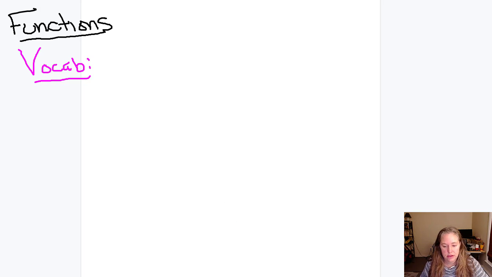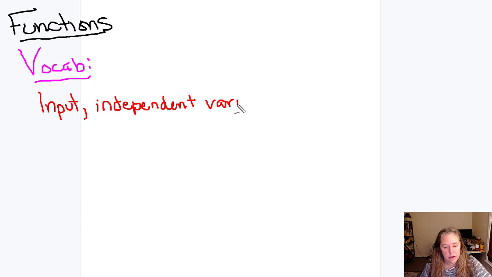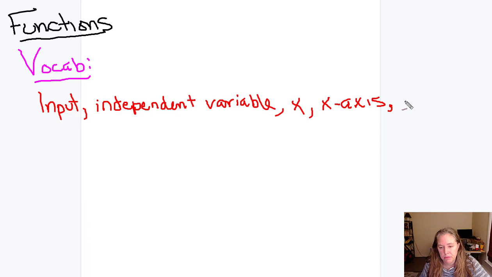So input. Other words for input are independent variable, x-axis, and then there's a new word I'm going to tell you. You don't have to completely remember it.